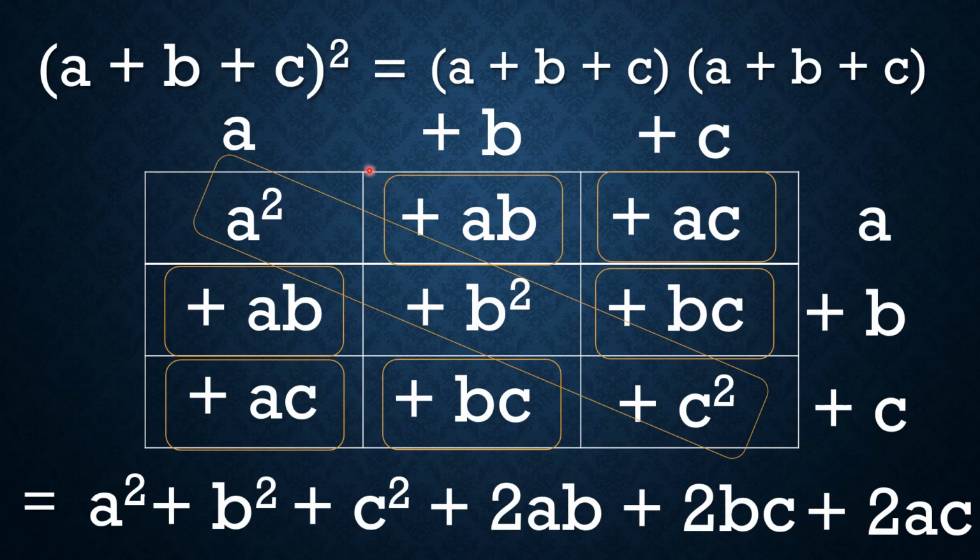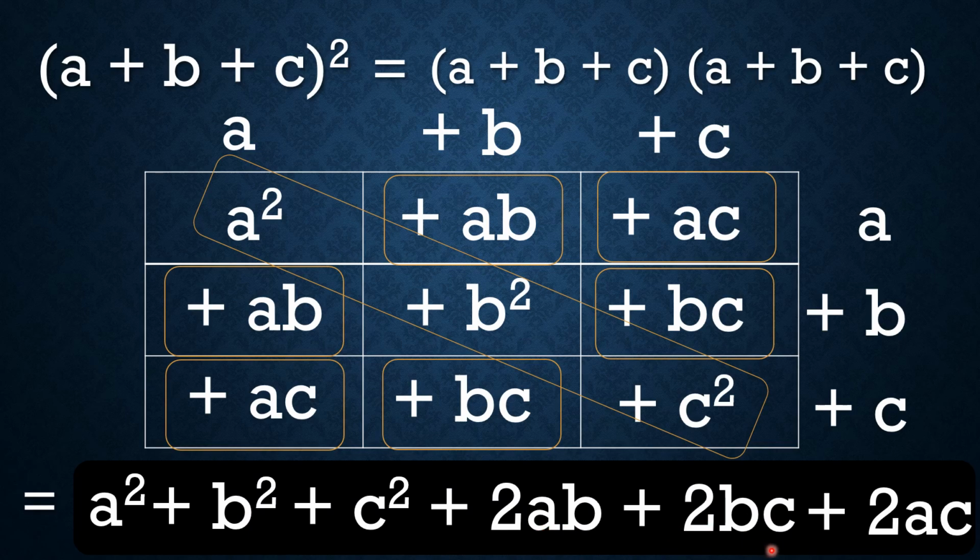So meaning, when we square this trinomial, we get the product a squared plus b squared plus c squared plus 2ab plus 2bc plus 2ac. And that is how we square a trinomial.